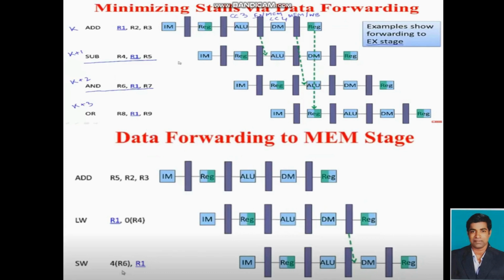For that, we introduce a buffer unit, a temporary storage unit, between all these 5 units: between instruction fetch and instruction decode, one buffer; between instruction decode and execution, another buffer; between execution and data memory, another buffer; and between data memory and the write back register.